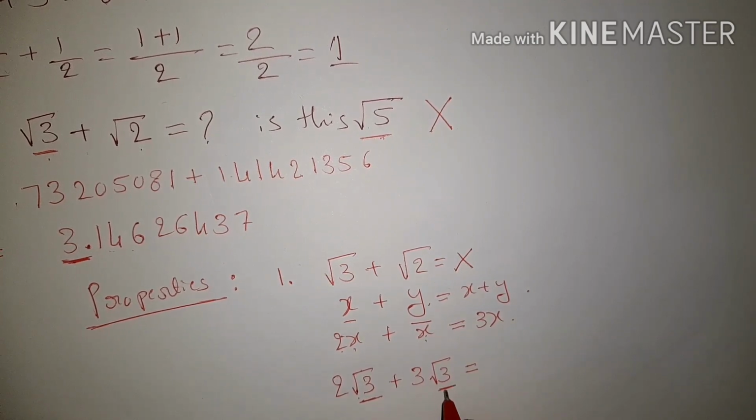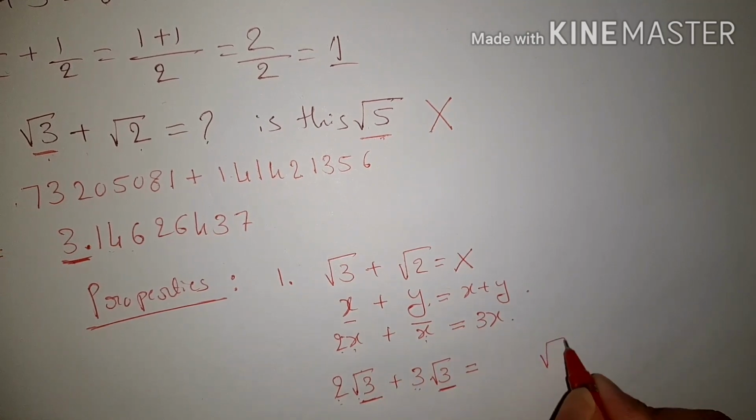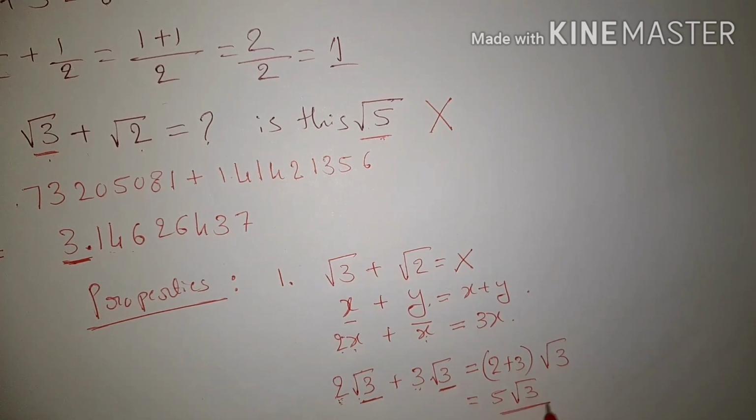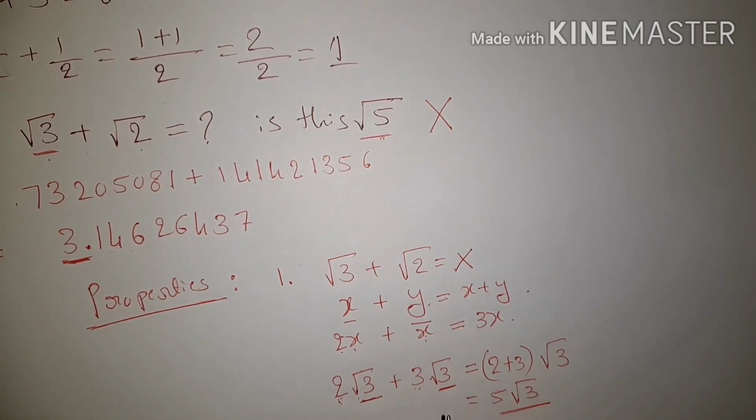Both are square root of 3 itself, so we can add these numbers. Or otherwise, I'll take square root of 3 as common: 2 plus 3, then 5 square root of 3. This is the property of surds.